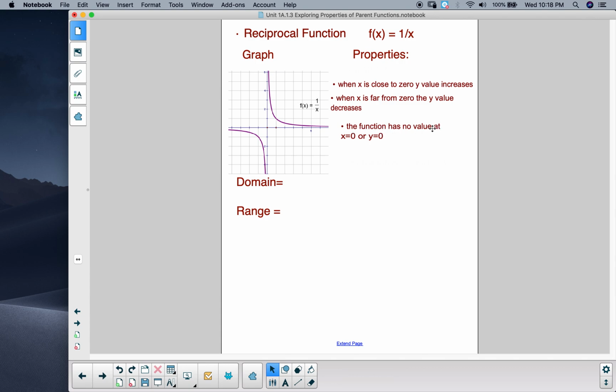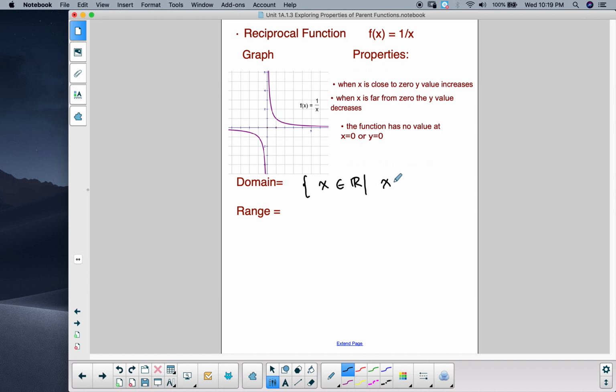The function has no value at x equals 0, y equals 0. So at this particular point here, there is no value. This graph will never touch the x-axis or the y-axis, so it doesn't have a value at these two points. So what is the domain and range of this function? Well, x can be any real number, but it will not be equal to 0.